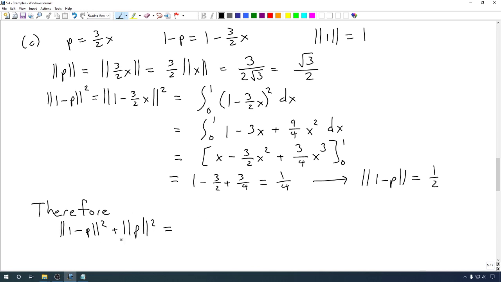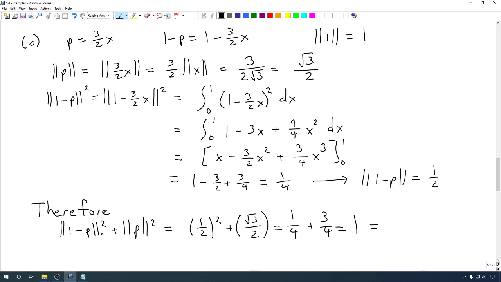So what is this equal to? Well, we have norm of 1 minus p squared, so we have a 1/2 squared. We have root 3 over 2 squared, which is a 1/4 plus 3/4, which is equal to 1. And we're saying, is that the norm of their sum?